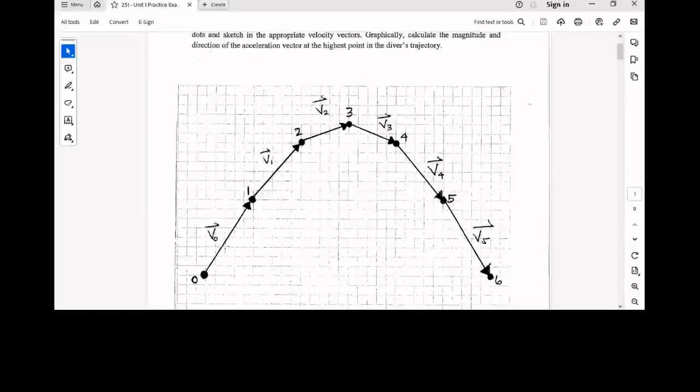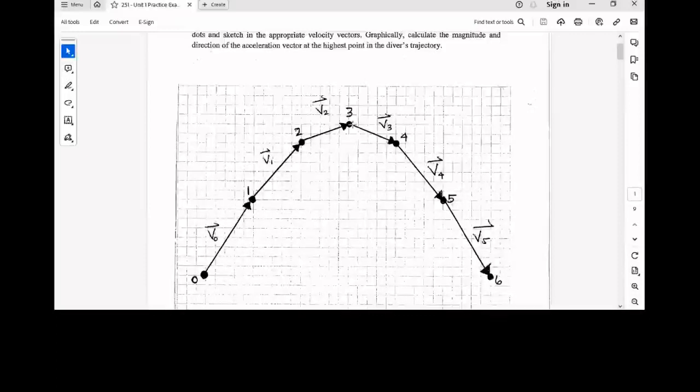So it's okay if you drew a motion diagram that is not identical to mine, but still follows the same rules. I move over 5 blocks to the right for every second of time that the diver spends in the air. At t equal to 3, the velocity vector's vertical component would be equal to 0. And then from t equal to 3 down to t equal to 6, the diver is accelerating toward the pool.